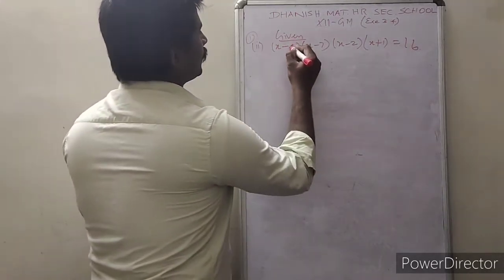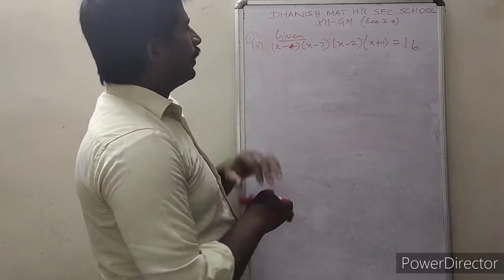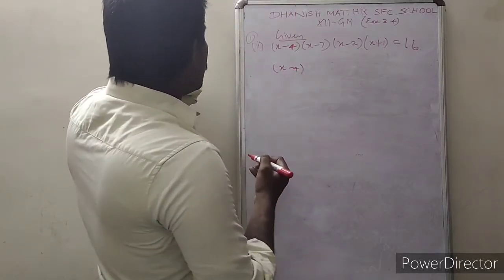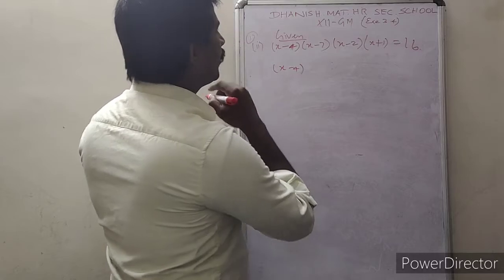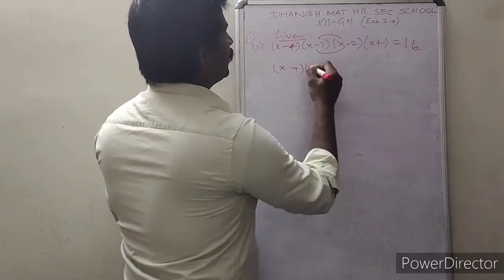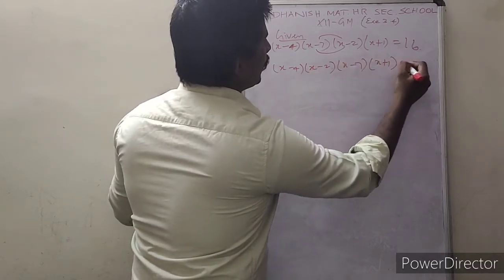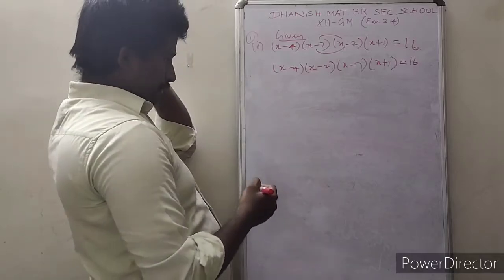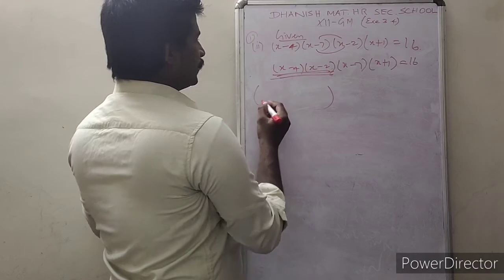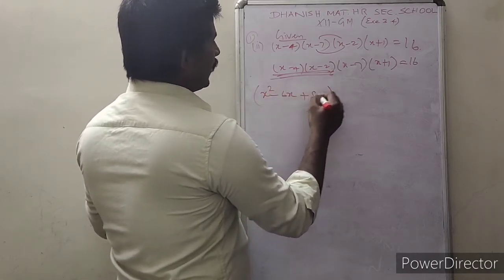Now I'm going to rewrite the given equation as x minus 4, and now I'm going to interchange these two: x minus 2, x minus 7 into x plus 1 equal to 16. Now I'm going to take the first two and multiply these two. So what will happen? x square minus 6x plus 8.